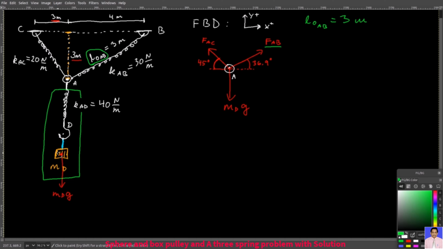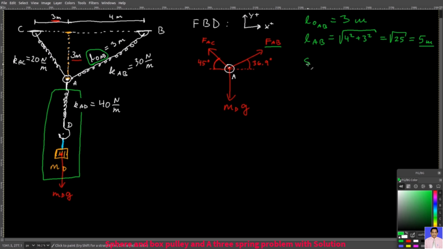But right now, because of this box, this spring is loaded. So what's the distance from A to B right now? Well, LAB equals the square root of 4 squared plus 3 squared. That's the square root of 25, and that's 5 meters.